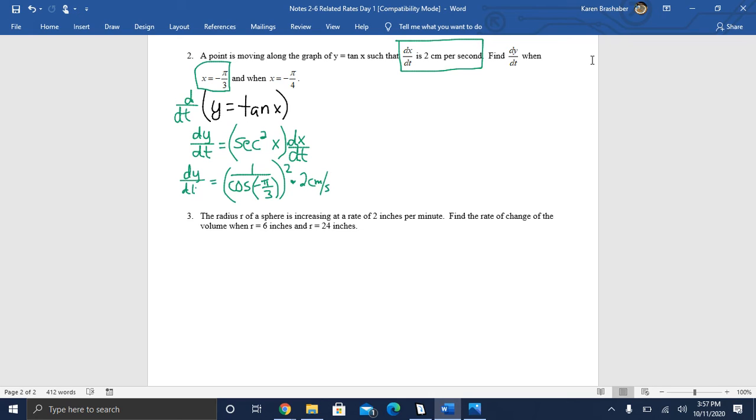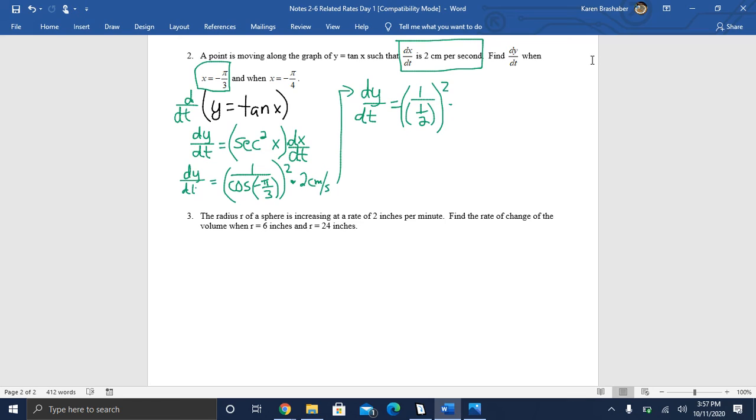All right, so the cosine of negative pi over 3, that would be in the fourth quadrant, and your cosine value is 1/2. So we'll be making that substitution. dy/dt would equal 1 over 1/2, and then remember that this is squared.